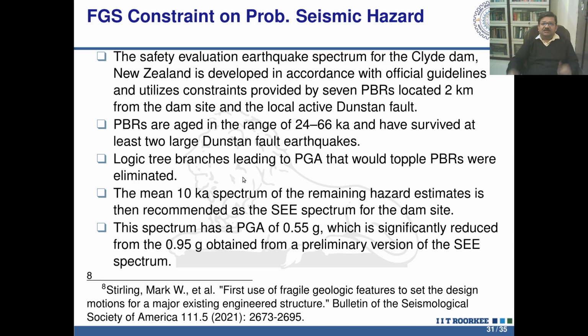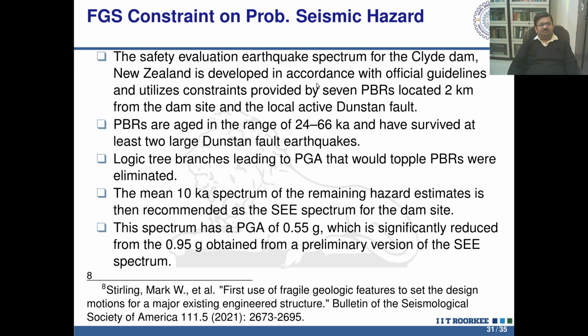There are 7 precariously balanced rocks located about 2 kilometers from the dam and the local active Dunstan Fault. All of these rocks are in the age range of 24,000 years to 66,000 years.